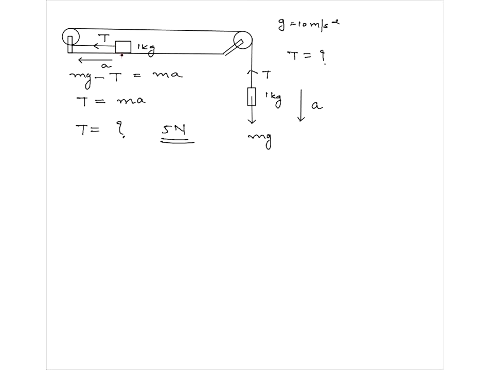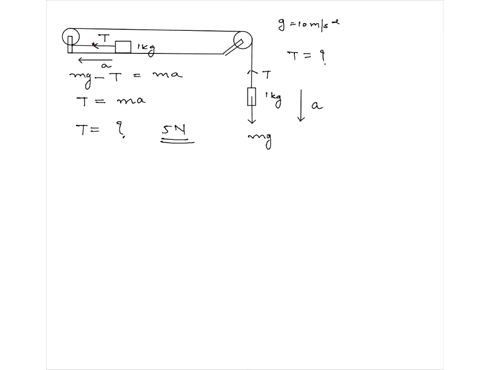This body, let's take it as system. Vertical forces I'm not interested in. Gravitational is there, normal reaction is there, I'm not interested. Whatever acceleration is here, the same magnitude of acceleration will be to the left. Why? Because the string is unstretchable.